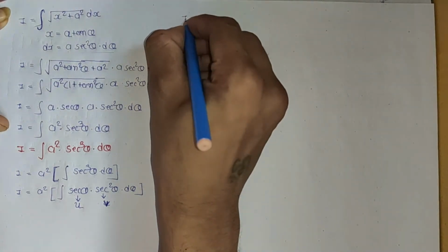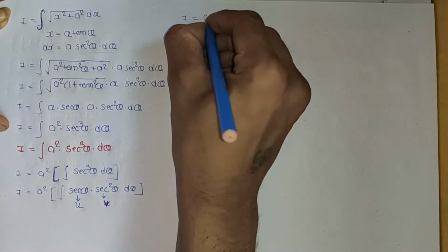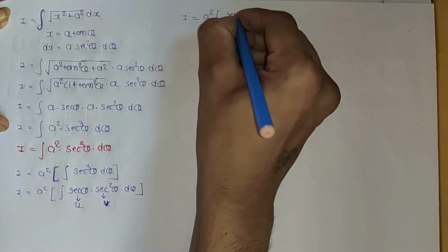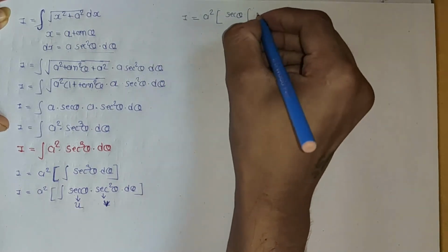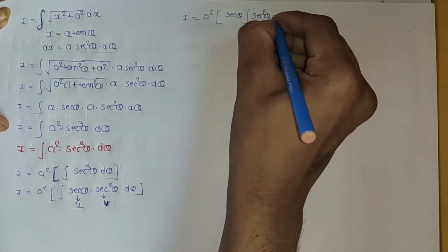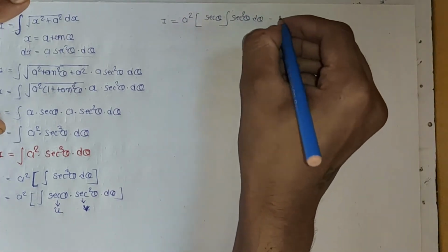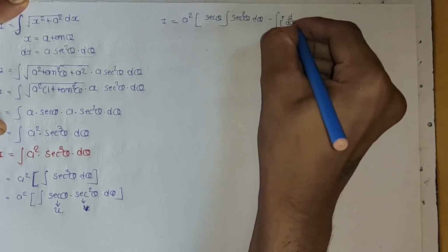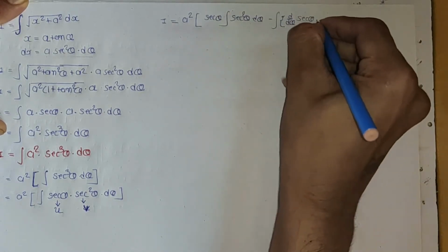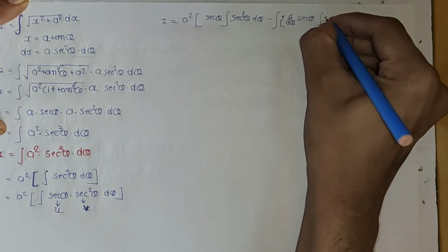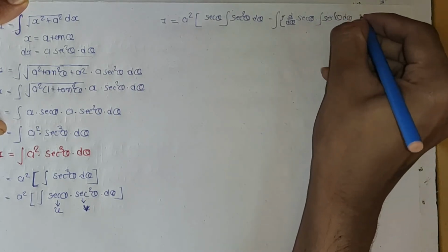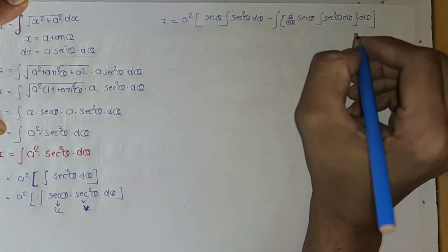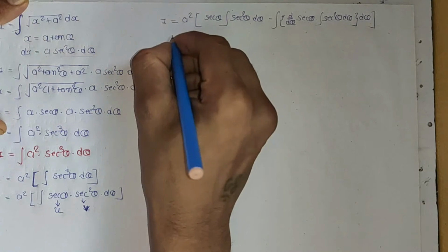Okay, now I equals a square in the bracket, sec theta integration of sec square theta d theta, minus integration in the bracket d by d theta of sec theta, integration sec square theta d theta, curly bracket close, here d theta. Now close the bracket.